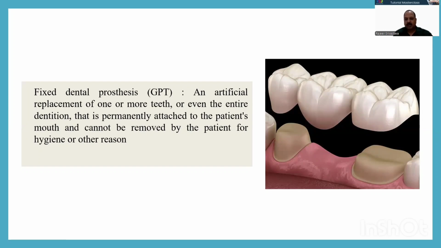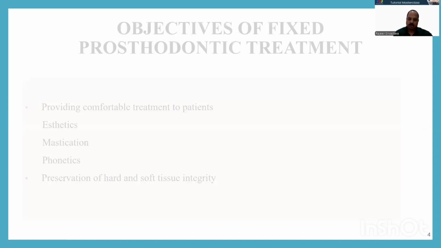So first of all, the failure can happen with any one of these, either the pontic or the retainer or the connector, or on the abutment on which your fixed partial denture is cemented. And also the failure can result from the cement which you are going to use for cementing your prosthesis.